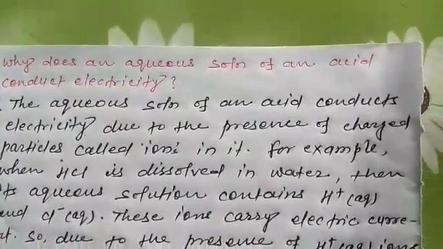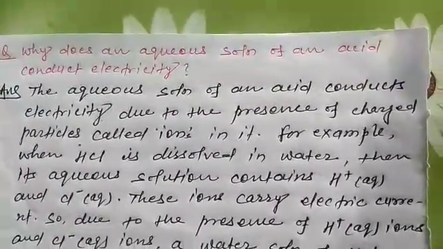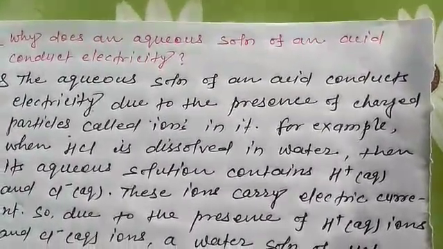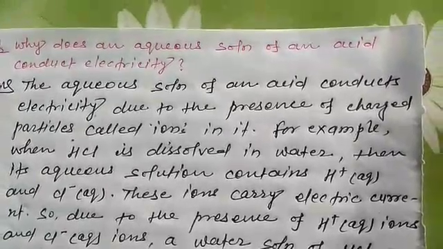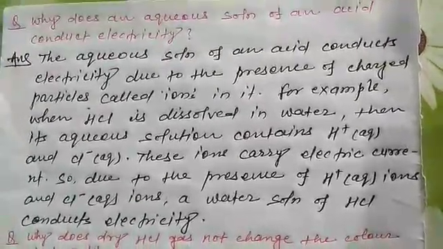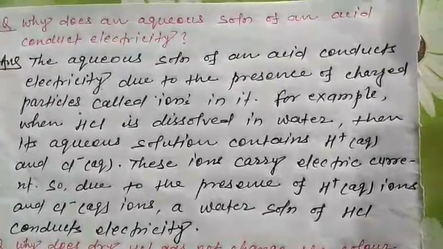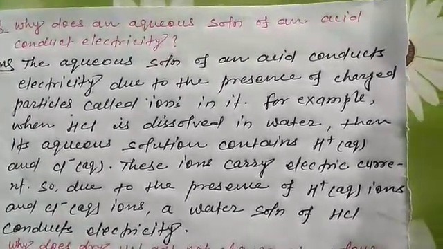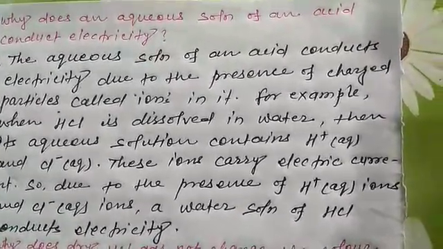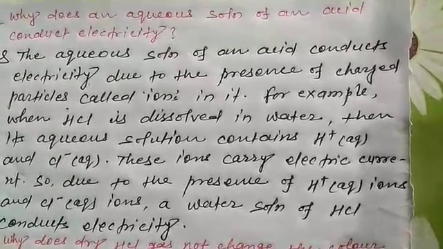Now next question is, why does an aqueous solution of an acid conduct electricity? Dear students, the aqueous solution of an acid conducts electricity due to the presence of charged particles called ions in it.